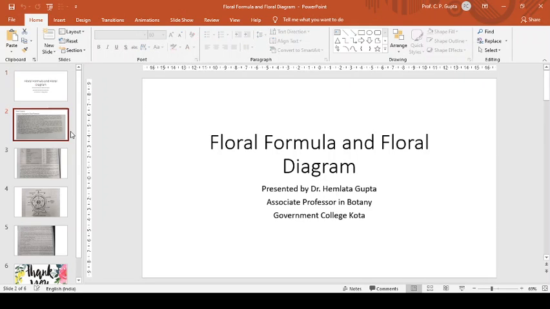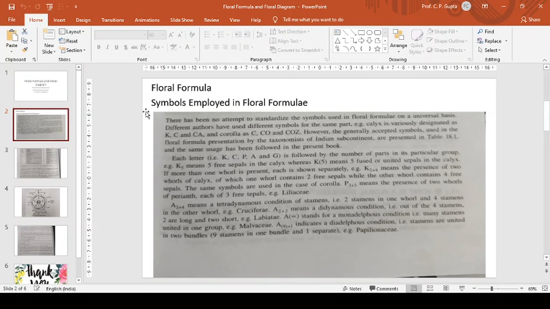Now, symbols employed in floral formulae. There has been no attempt to standardize the symbols used in floral formulae on a universal basis. Different authors have used different symbols for the same part. Example, calyx is variously designated as K, C, and Ca, and corolla as C, Co, and Cor.